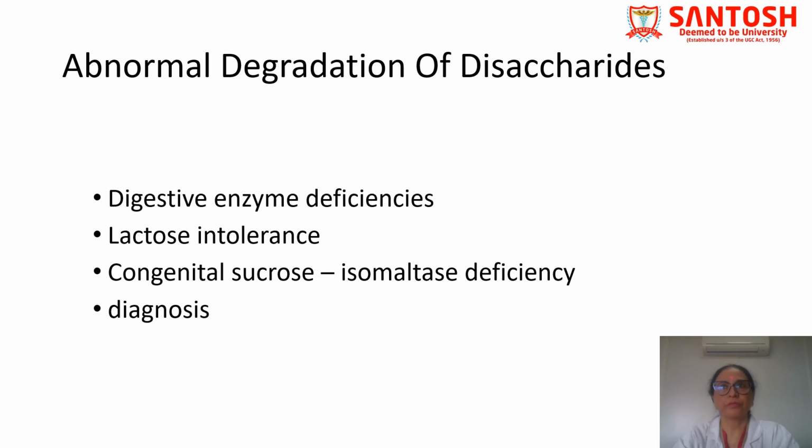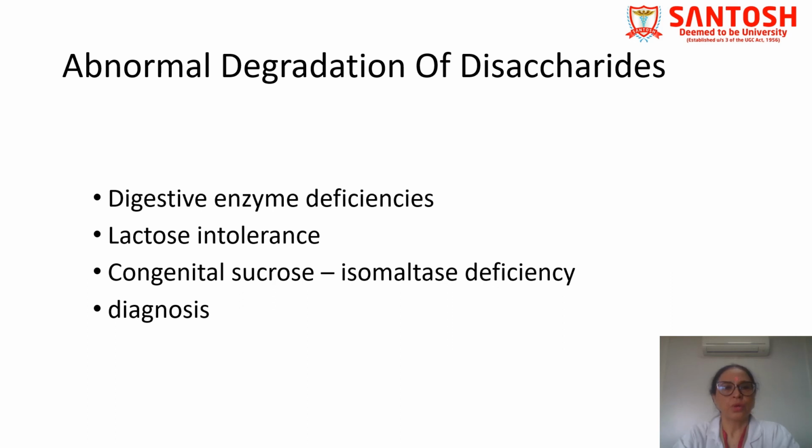A person has flatulence, abdominal cramps and pain, because lactose sugar is not being broken down, due to the absence of lactase, into glucose and galactose, and it is not being absorbed.